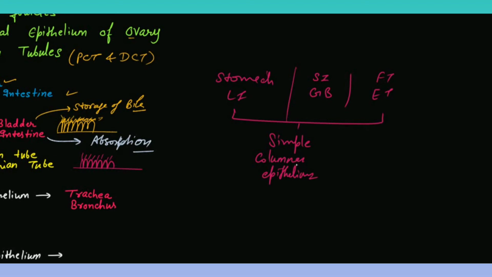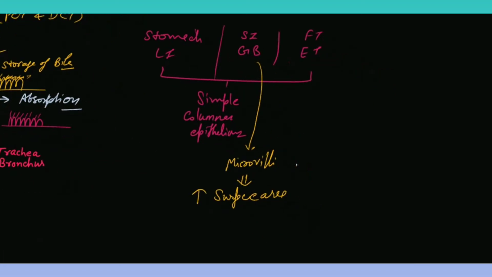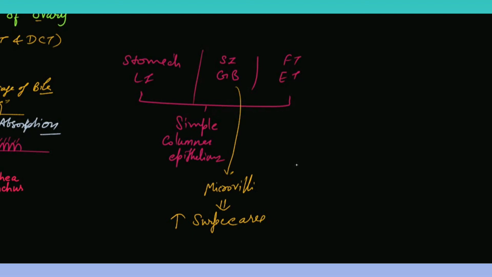But the small intestine and gallbladder have microvilli, because they increase the surface area. That is simple columnar epithelium with microvilli. The fallopian tube and eustachian tube have cilia, so that is simple ciliated columnar epithelium.